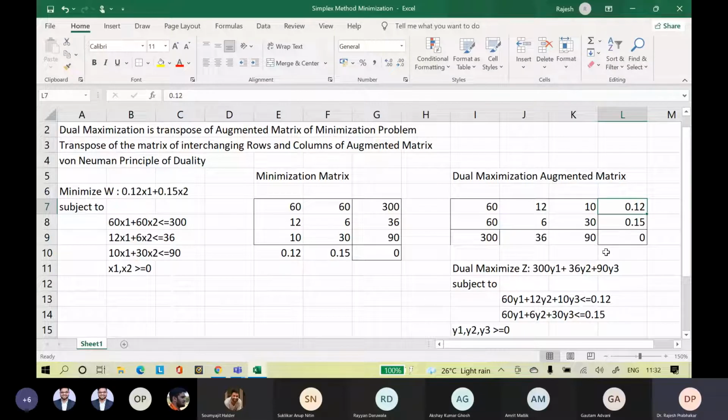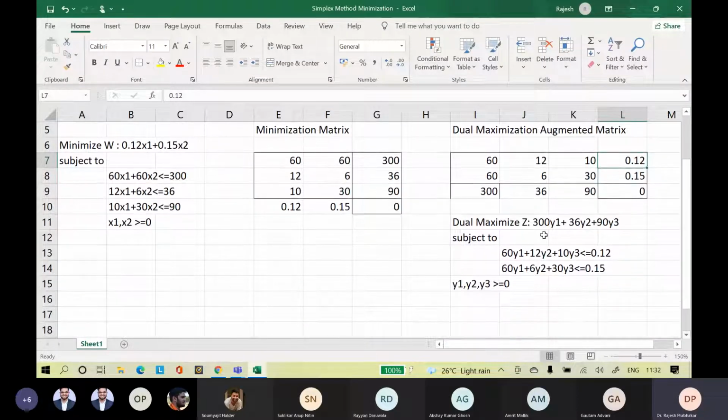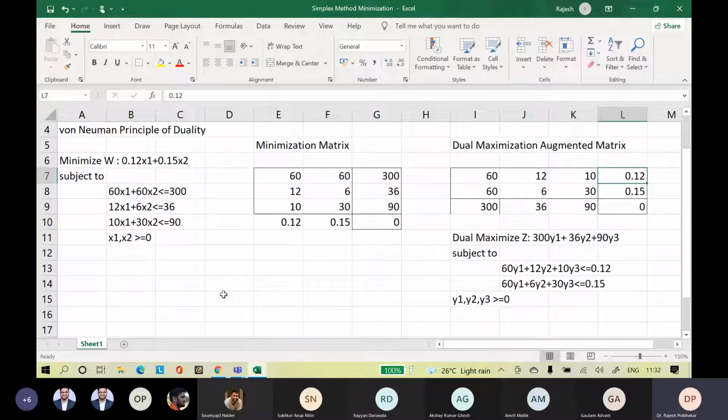That is the procedure for solving minimization problems. All right, sir. Got it. Whereas in software we can directly do it without any issues.